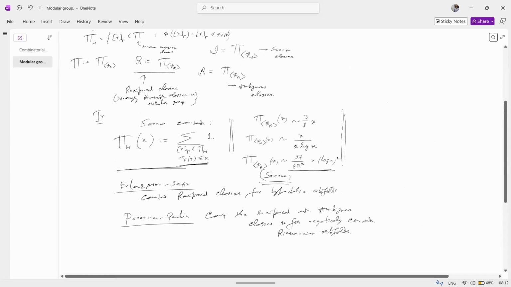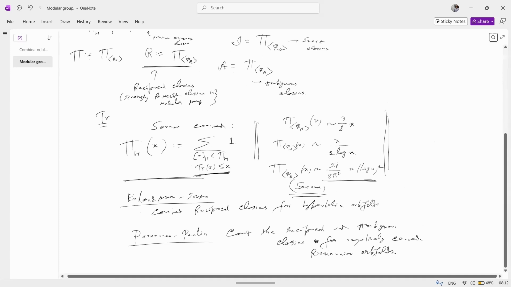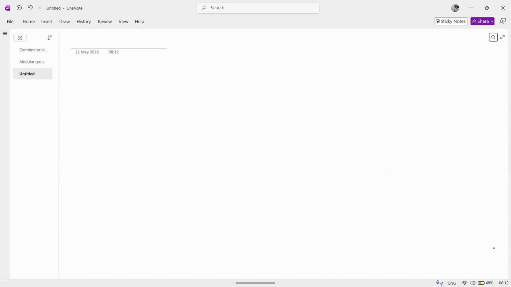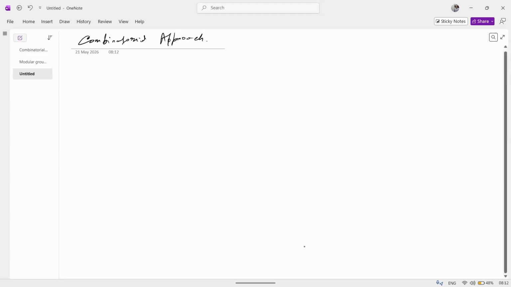Okay, so I just summarize it here. So now what we are up to, what we will do, we will discuss the combinatorial approach. Whatever work I mentioned, as I have already said, they have used the length of the geodesics or equivalently the traces of the hyperbolic elements to obtain a count of the special classes.